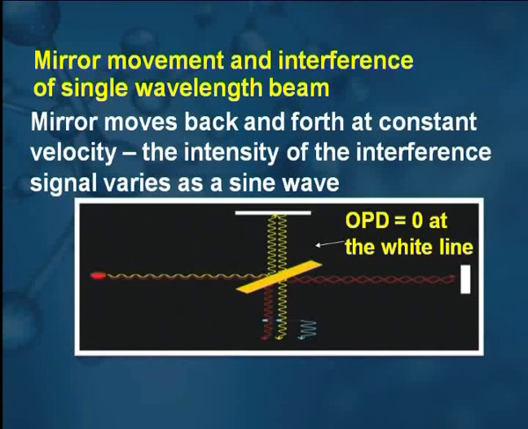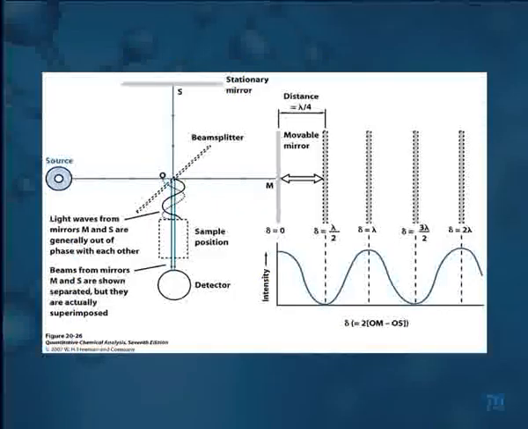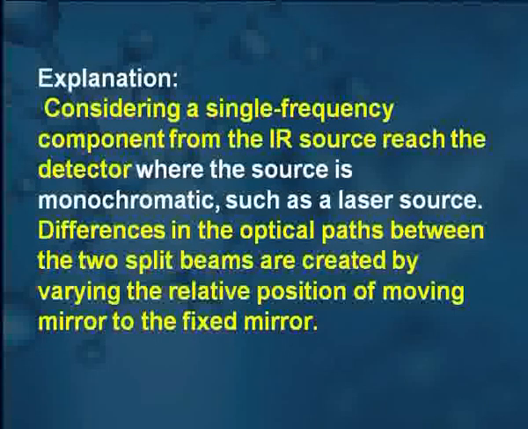For the white line, the optical path difference will be 0, but the mirror is moving with a constant velocity. Now here you see in the diagram how the mirror is moving with constant velocity and how we are getting the change in the spectrum. Now what is the explanation behind this, or what are the steps in FTIR spectroscopy?